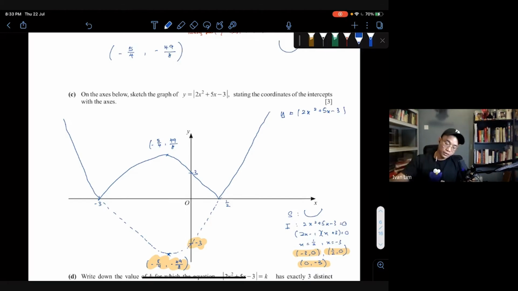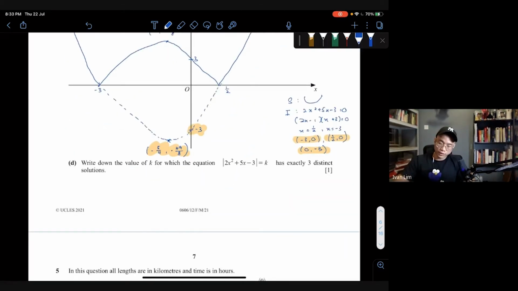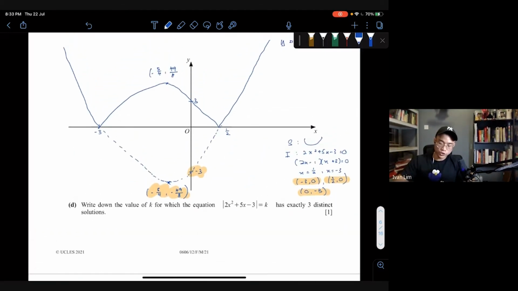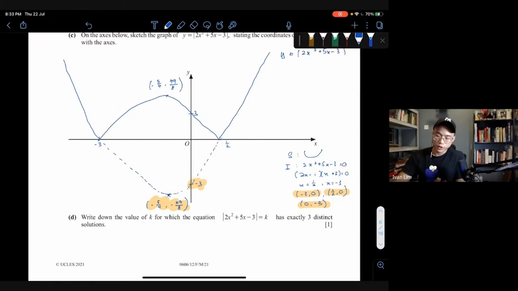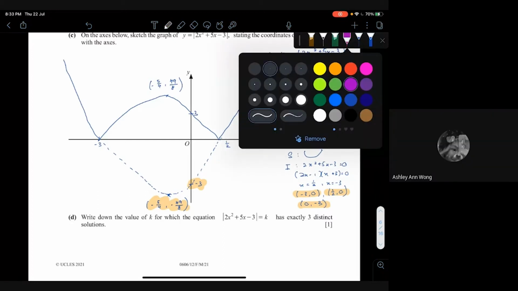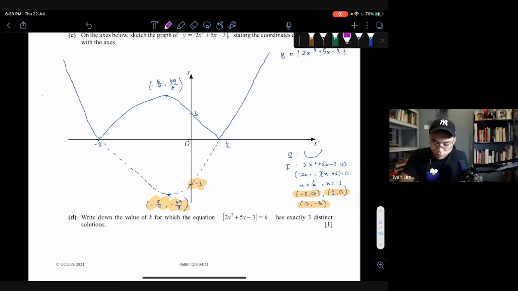Okay? Then, write down the value of k for which the equation modulus 2x squared plus 5x minus 3 equals to k has exactly 3 distinct solutions. Okay, so how do we do for this one? 3 distinct solutions. Where do we draw the line? Okay, the line will be over here.